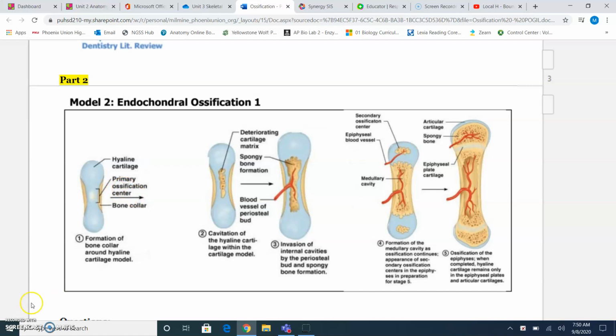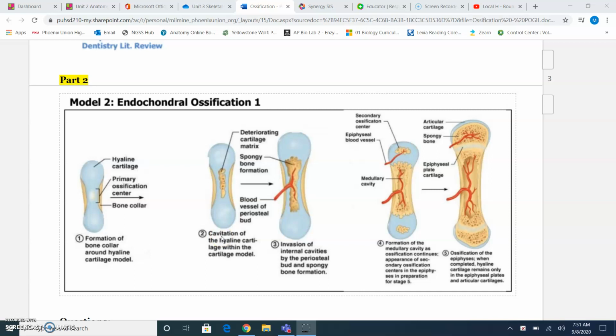Moving to step 2, we can see that the bone has expanded and grown in length a little bit. Still see that bone collar there. But we start to see cavitation of the hyaline cartilage within the cartilage model. Cavitation is the formation of a cavity or a hole in our body, just like cavities in our teeth are holes.